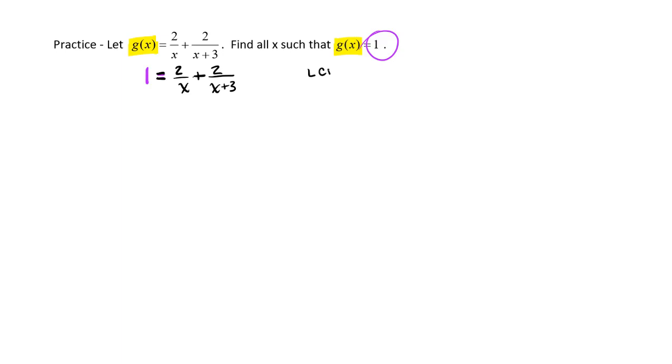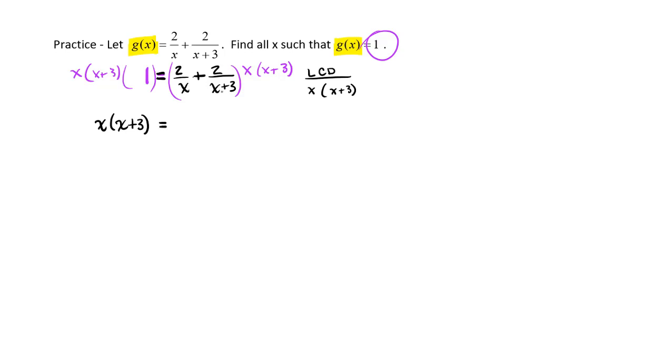Again, our LCD will be x times (x plus 3), and so I'll multiply both sides of my equation by that LCD, x times (x plus 3). And now I can reduce the denominators on the right side of the equal sign. On the left, 1 times x times (x plus 3) will just be the LCD.